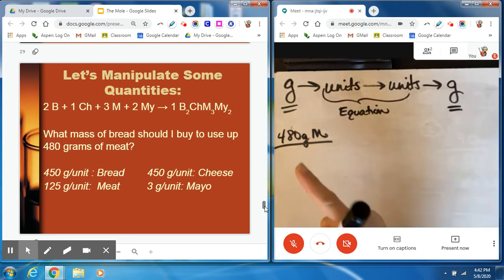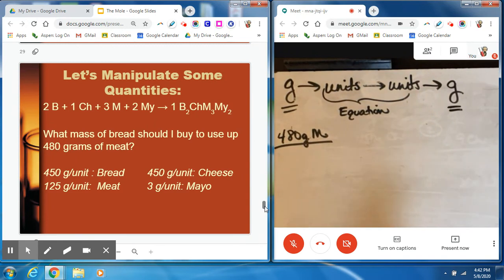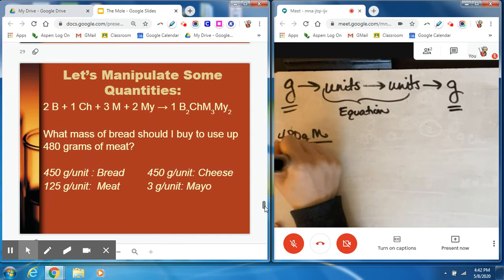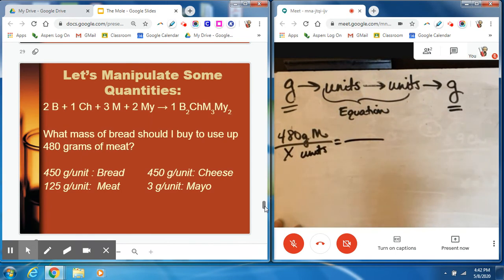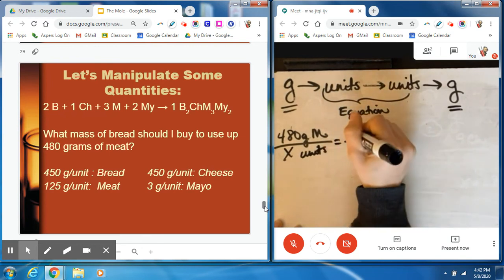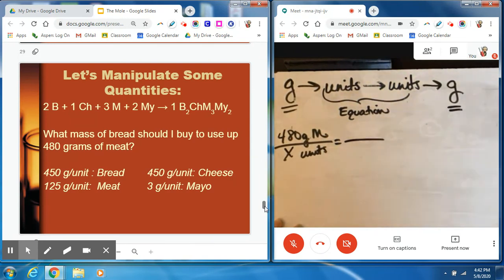Okay, but I know that the first step is to go from grams of what I know to units of what I know. So 480 grams of meat, and I don't know how many units that's going to be. So I have to do a calculation here. I know that for every 450, oh no, I'm sorry, that's for bread. For every, where's bread? Where's our meat? Right here.